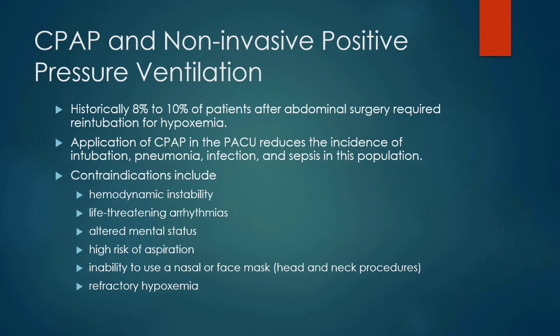Usually in the immediate post-op period, we tend to avoid non-invasive positive pressure ventilation because it can cause gastric distension, aspiration, and wound dehiscence, especially in patients after gastric or esophageal surgery. Specific contraindications are hemodynamic instability or life-threatening arrhythmias, altered mental status, high risk of aspiration, inability to use a nasal or face mask like in head and neck procedures, and refractory hypoxemia.